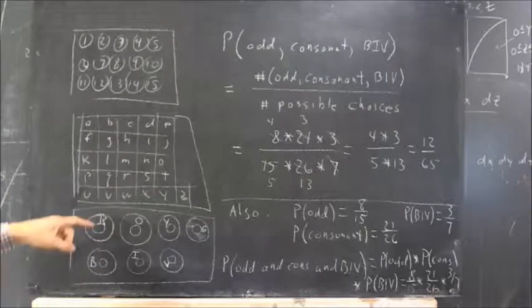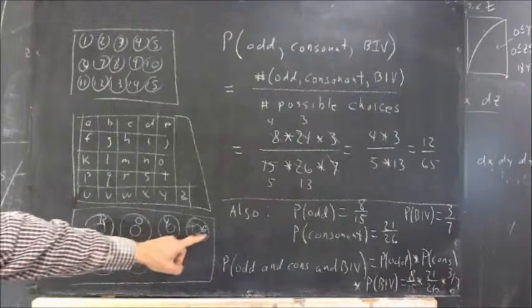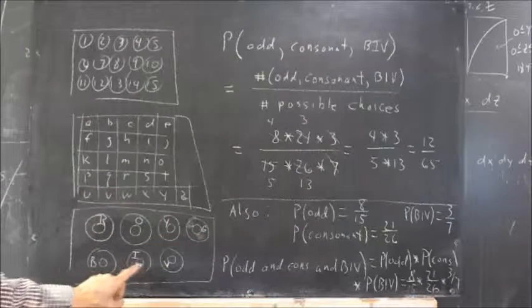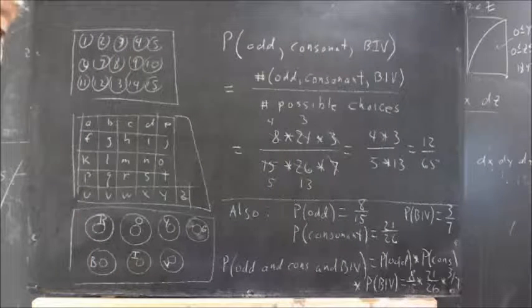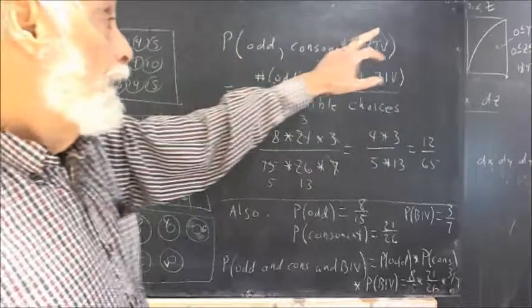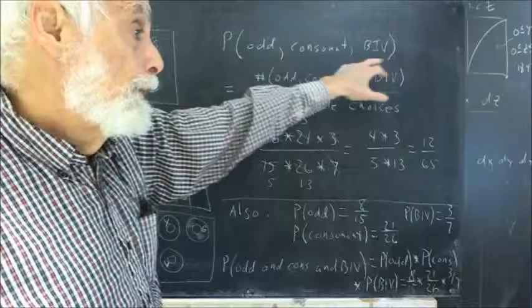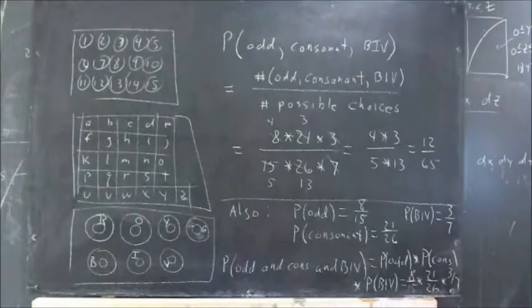And of course I didn't color them, but I don't have that many colors, but we got red, orange, yellow, green, blue, indigo, violet. So we have the 7 colors. Now, we want to get the probability that we get an odd number, a consonant, and either blue, indigo, or violet. I call those blue-like, bluish type colors.